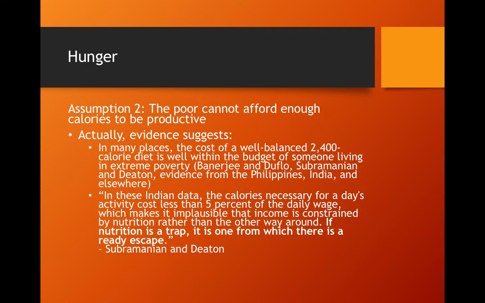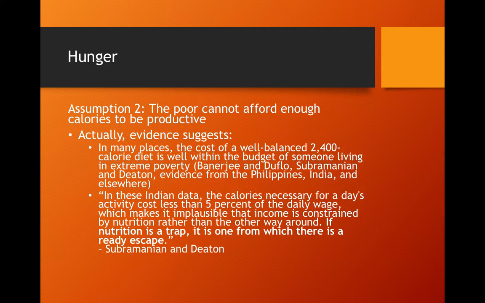So this is just two things from the readings that you did to illustrate this idea, including a quote from the Subramanian and Deaton article where they say, in these Indian data, the calories necessary for a day's activity cost less than 5% of the daily wage, which makes it implausible that income is constrained by nutrition rather than the other way around.